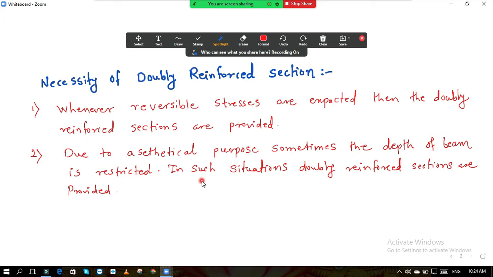You will not see that the depth of one beam is greater and another is less, or vice versa. It is given like this for the aesthetical purpose.